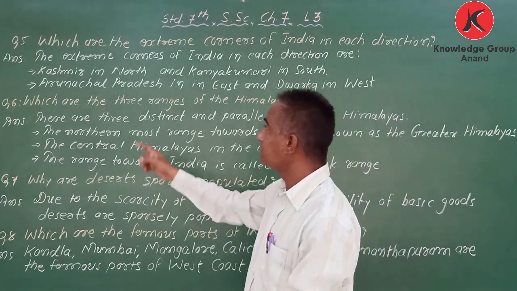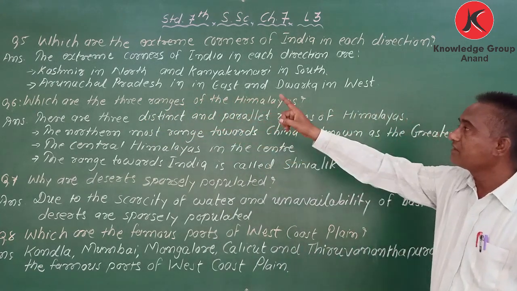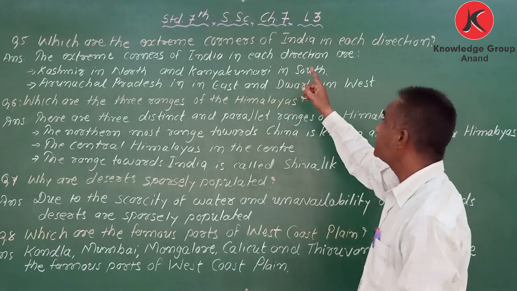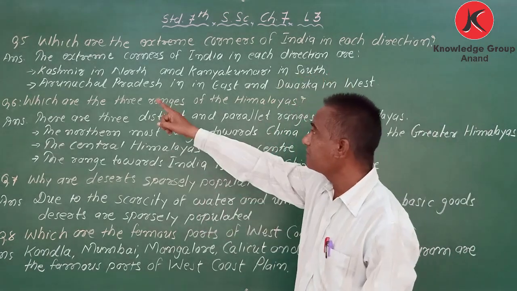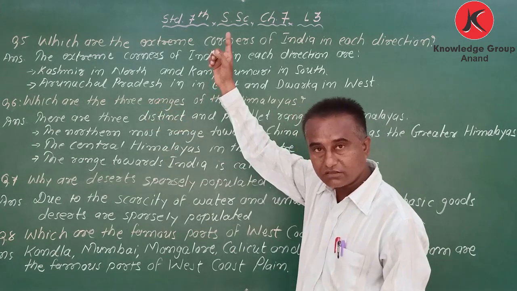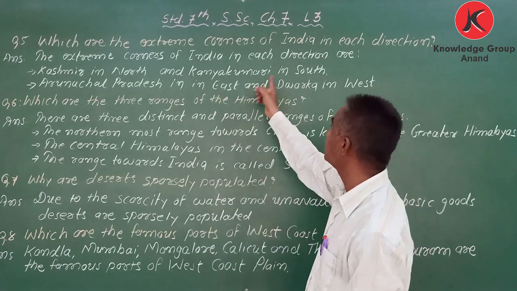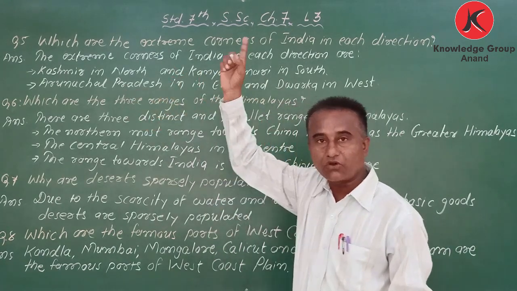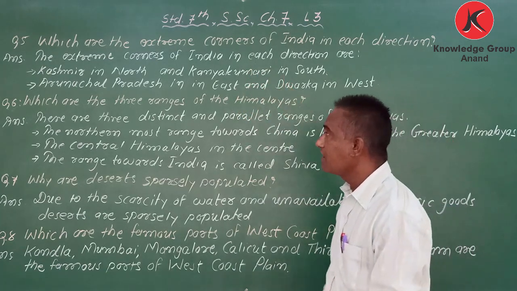Okay, so answer. The extreme corners of India in each direction are: Kashmir in the north, and Kanyakumari in the south. Kashmir state is in the north and Kanyakumari is in the south.